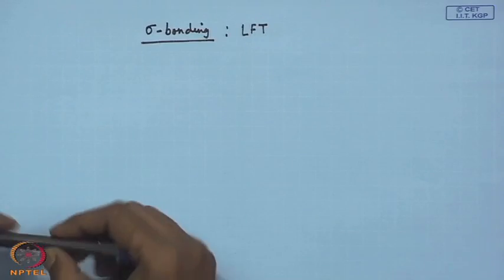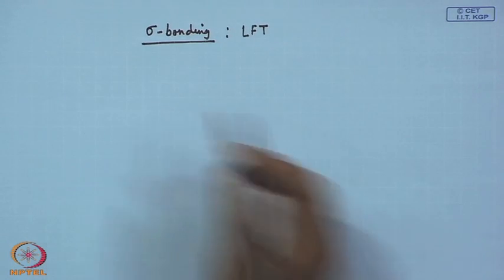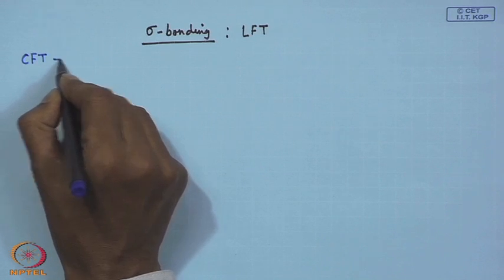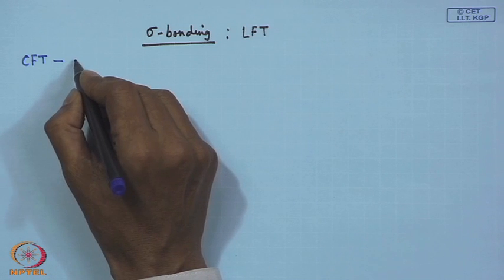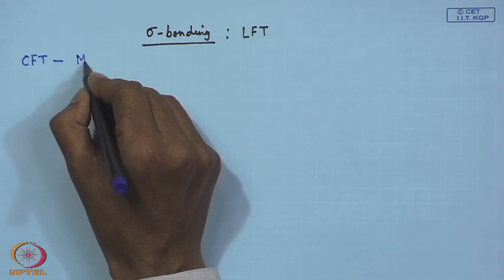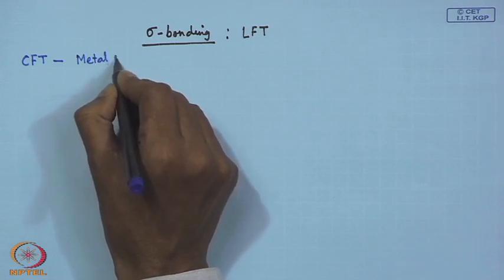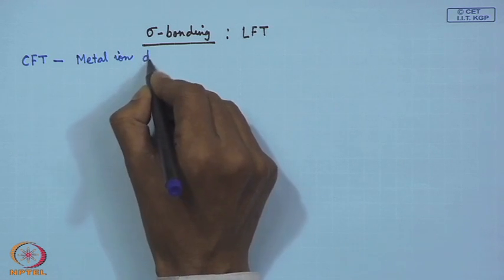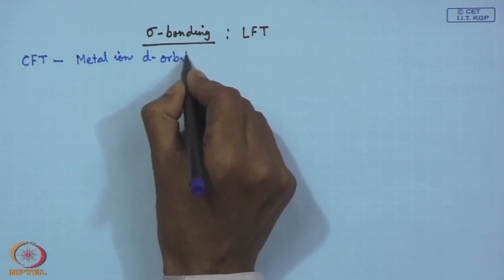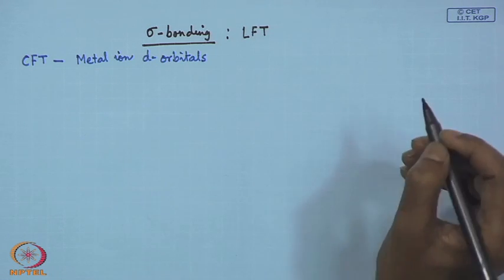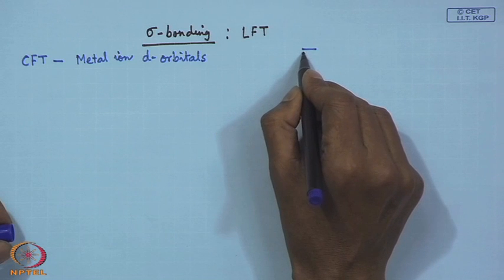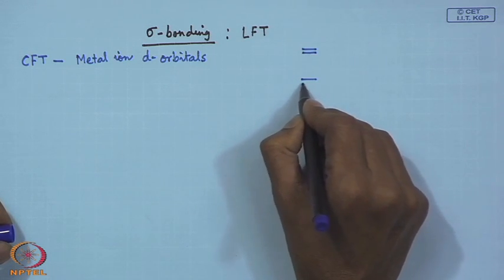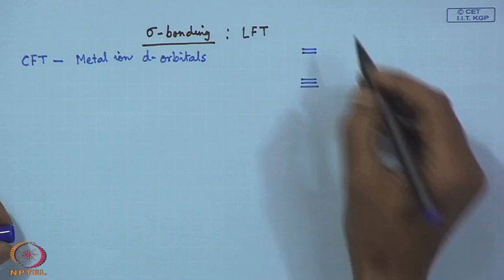So the basic proposition what we have seen earlier in case of crystal field theory, where we have chosen the corresponding splitting and the interaction of the metal ion d orbitals, and these metal ion d orbitals are within the crystal field of the different ligands.